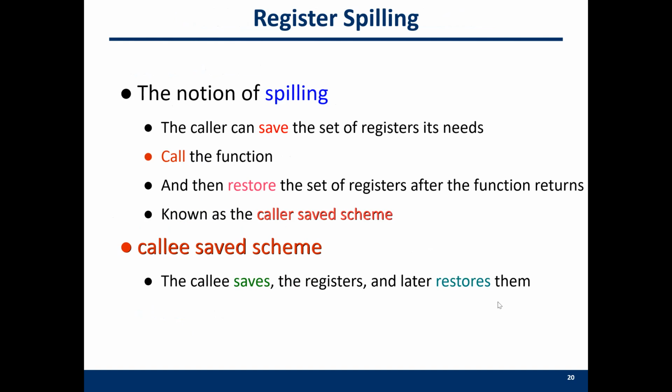So who will do the store operation? The store operation, store the current value of register back to the memory, can be done by caller or callee.